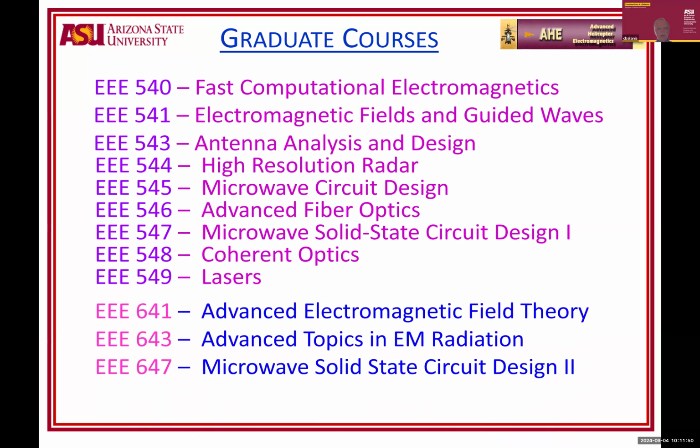We also have some 600 level courses, 641. Now, they are not taught very often, but they have been taught in the past. 641, 643, 647. A couple of courses on advanced electromagnetic theory, also on microwave circuit design.